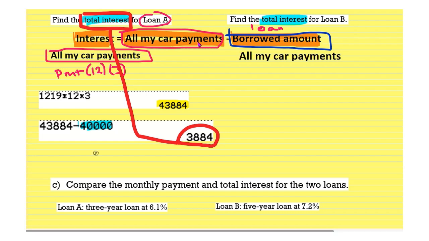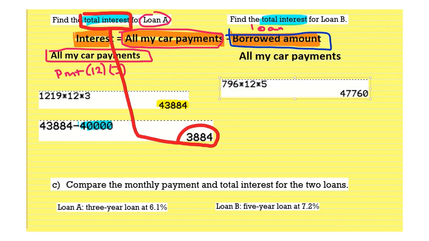My car payment for loan B was only $796. But again, you can see that I multiply my car payment of 796 times 12 payments per year for 5 years. The loan B was a 5-year loan. When I multiply all of those, my car payments for loan B total $47,760.